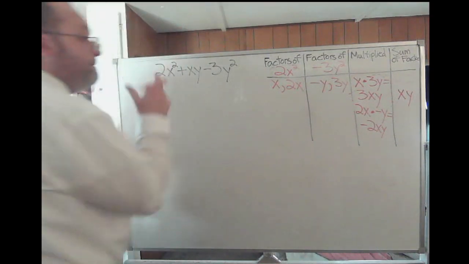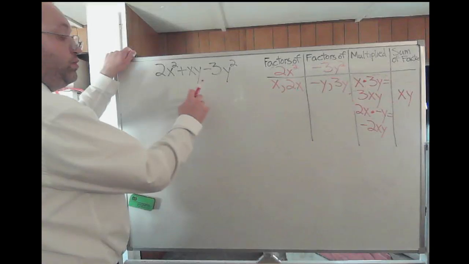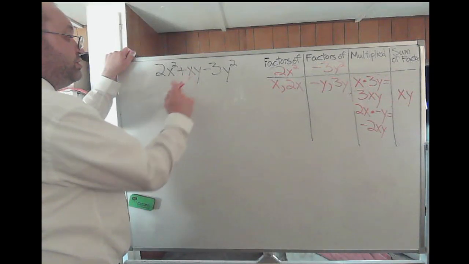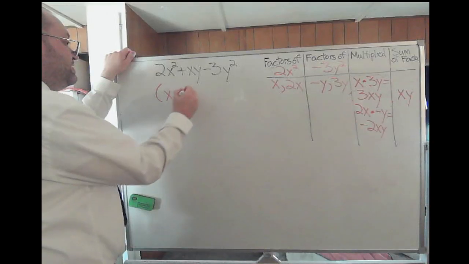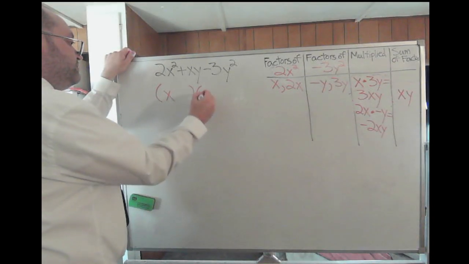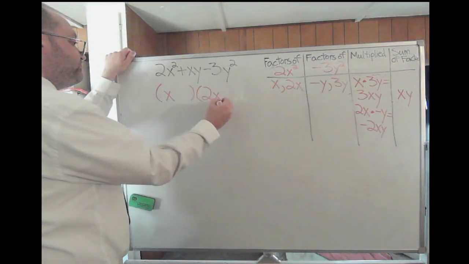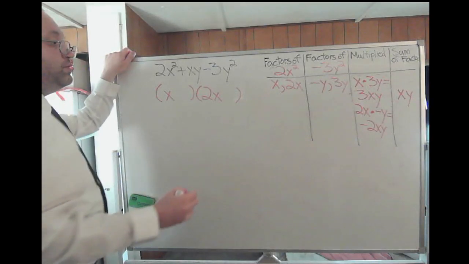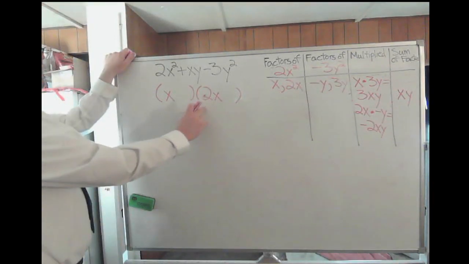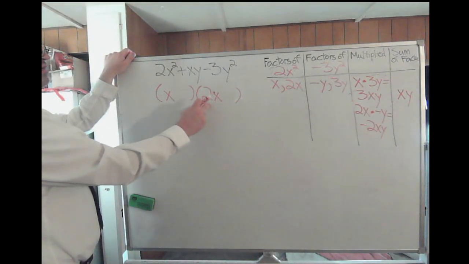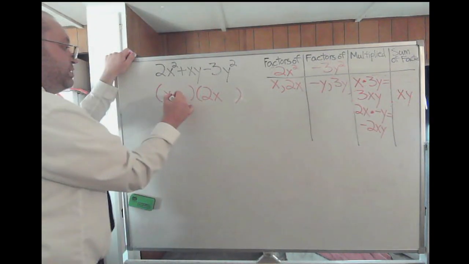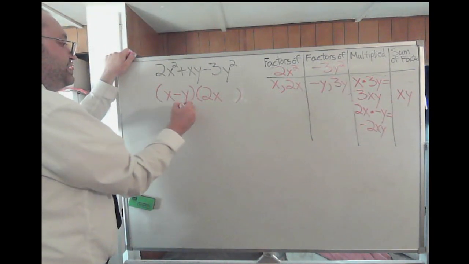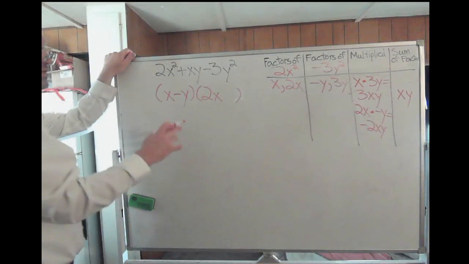So now that we've achieved the order we need to find our middle term, you're going to take your factors of 2x squared, which would be x, then the quantity of 2x. Now, what did we multiply the 2x by? Always start with that. I multiplied that by negative y, so I'll put the negative y next to it in the first set of parentheses.